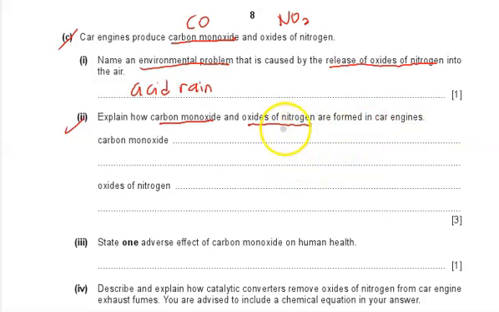Explain how carbon monoxide and oxides of nitrogen are formed in car engines. As I explained to you just now, it is formed due to incomplete combustion. It means the combustion does not have enough oxygen. This is for the carbon monoxide. Now how about the oxides of nitrogen?